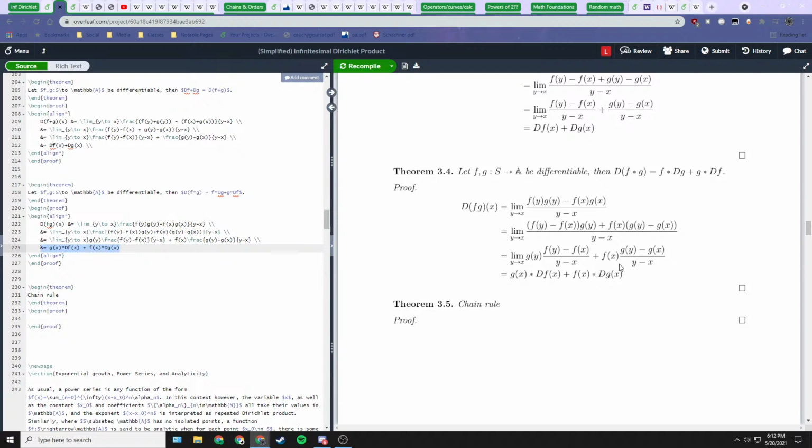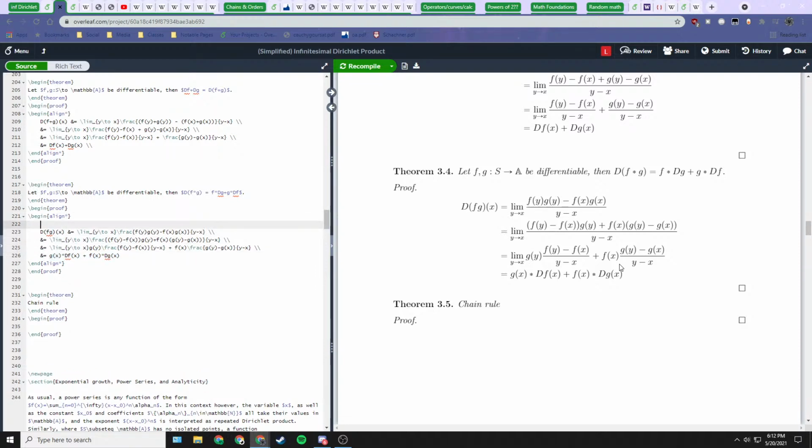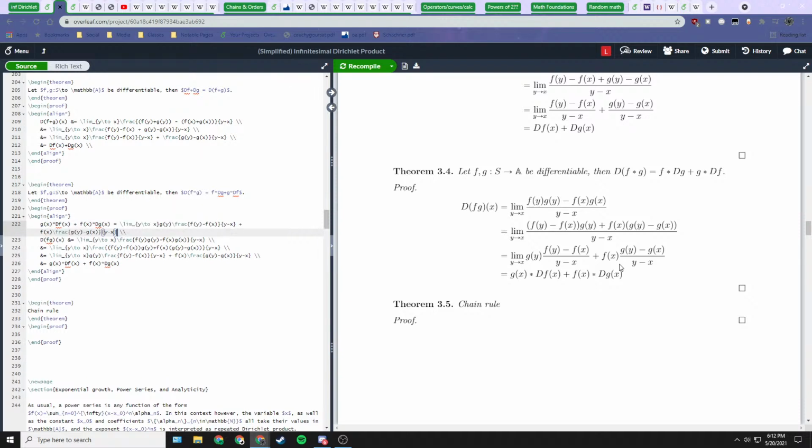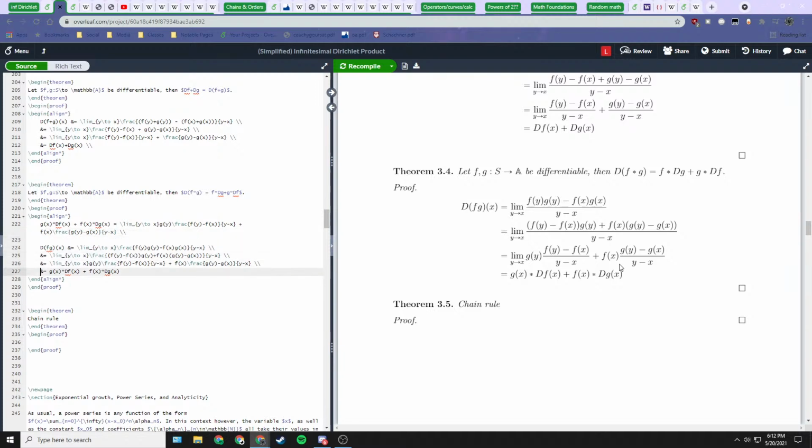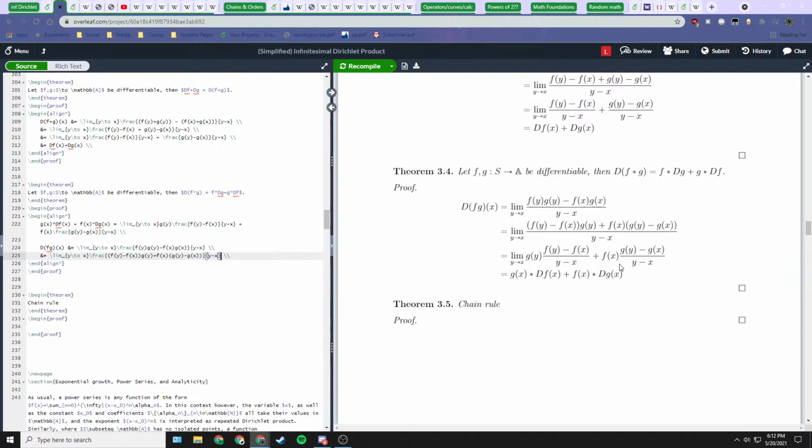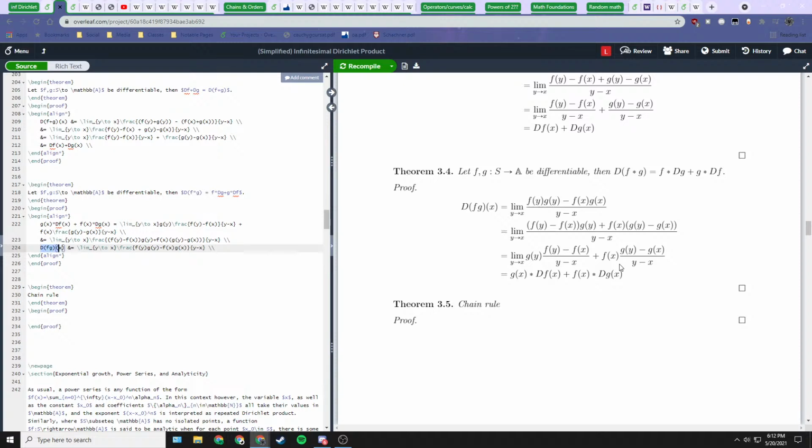Let's start out with this term, and say this is just equal to this limit here, just like this. And then we can follow that with this line and then this line.